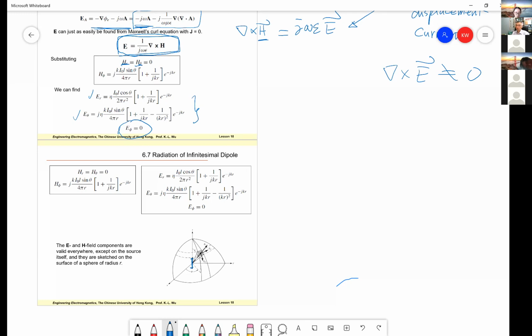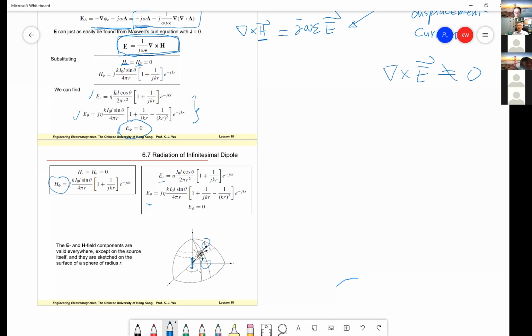Then we have an R component and a theta component of the electric field, but not a phi component. However, we have a magnetic field that has a phi component.